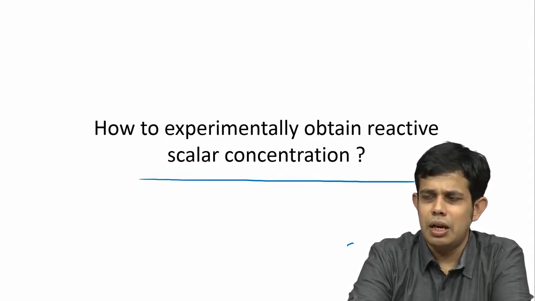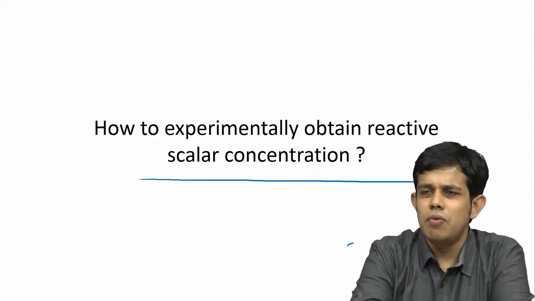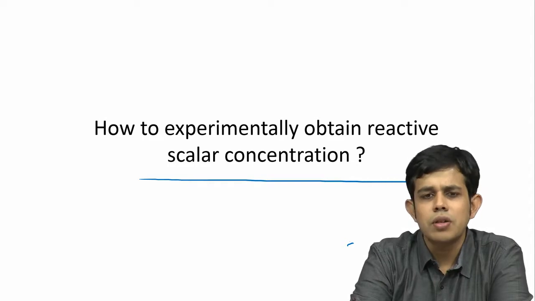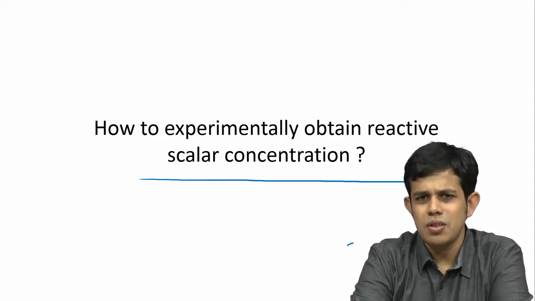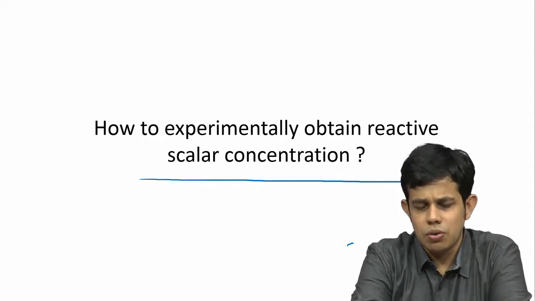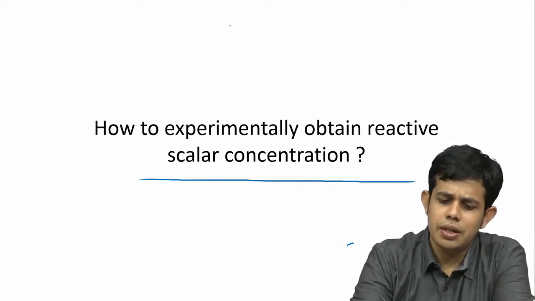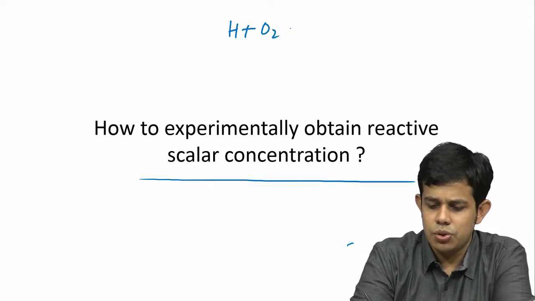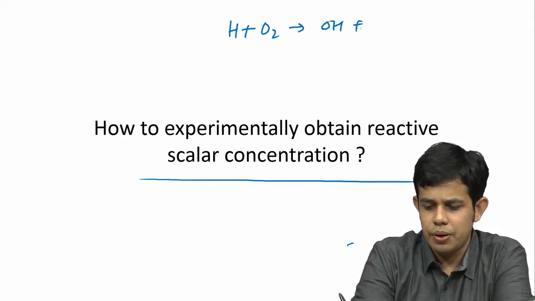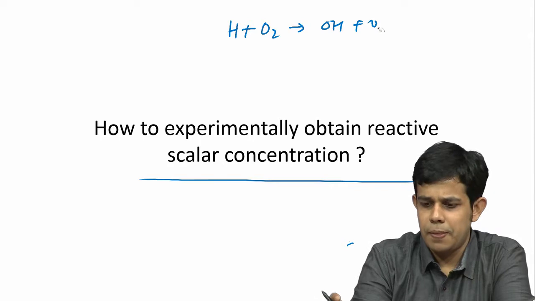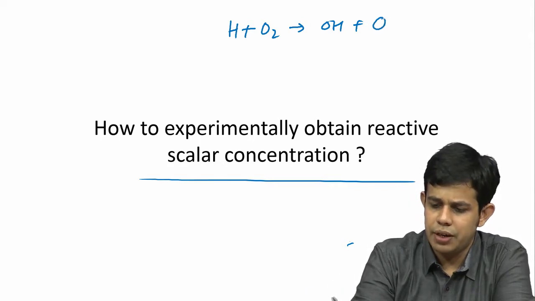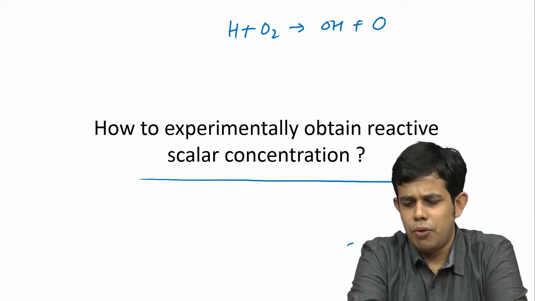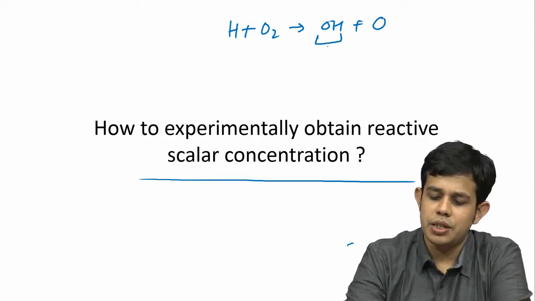In more formal language, we want to measure the species concentration of some reactive scalars. So, which reactive scalar do we want? We remember that one of the most important reactions in combustion was H plus O2 going to OH plus O. This was the most important chain branching reaction that we encountered in combustion. So, one of the products of this reaction is OH.